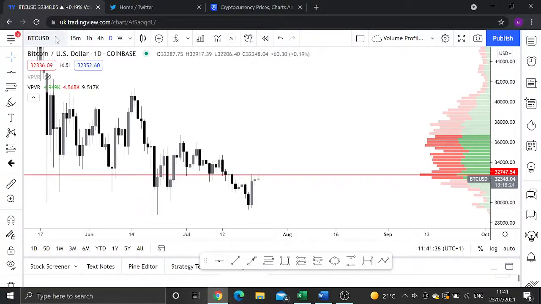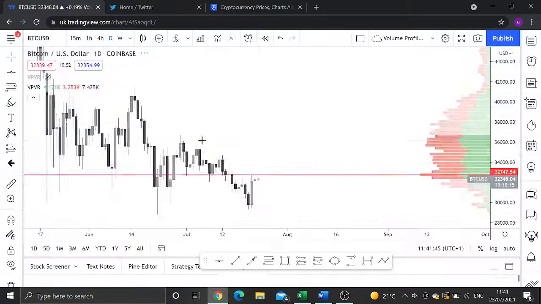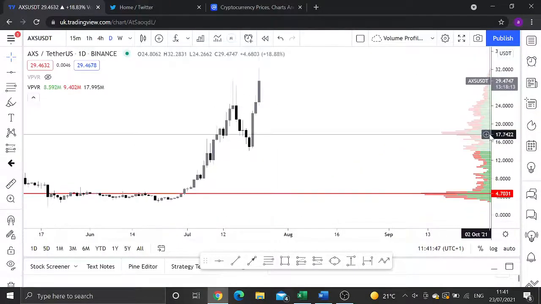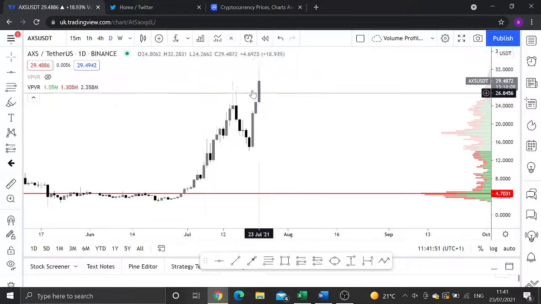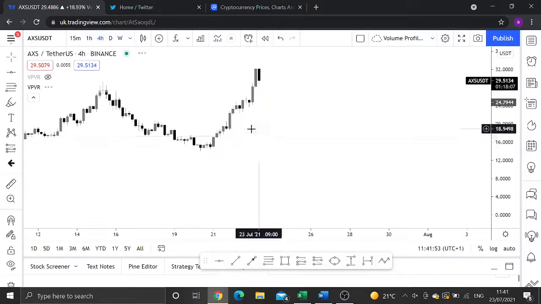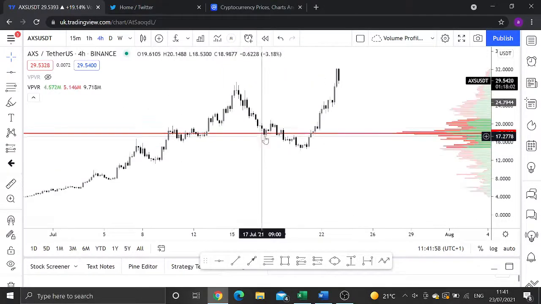But yeah, I'll show you one of the biggest coins at the moment that's literally in its own bull market. Actually, now look at that, it's got rejected. 32,000 rejections. So 4-hour, simple as this. There we go.